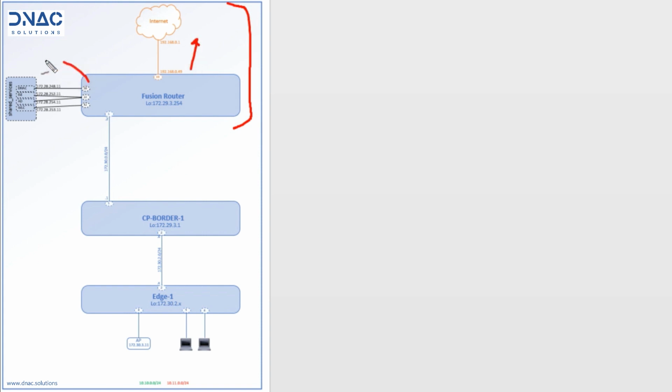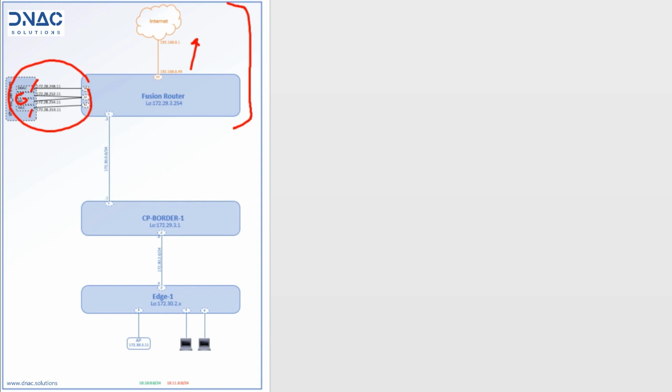Then we will have direct connectivity between the shared services and the Fusion router based on three interfaces. The first interface goes to the DNA Center, the second one goes to the fabric wireless WLC, and the third one goes to the distributed switch inside the ESXi to host the Cisco ISE and the domain controller. Now this is section 1.